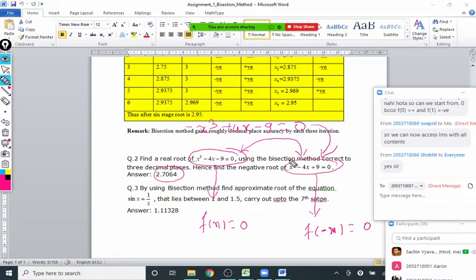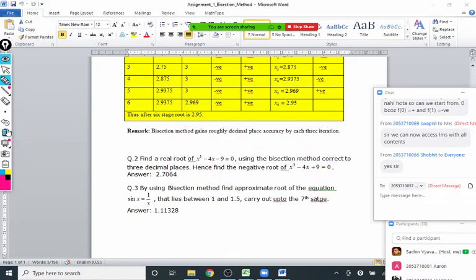Now there is a property. Is there any property of a root for the function f of x and f of minus x? Yes, if alpha is a root of f of x equal to 0, then minus alpha will be the root of f of minus x equal to 0. I am repeating the property.